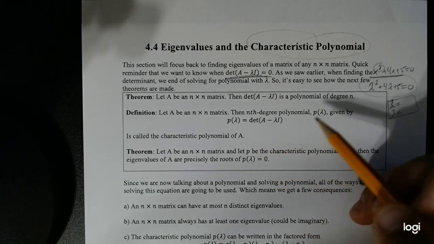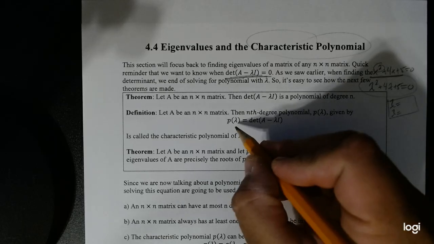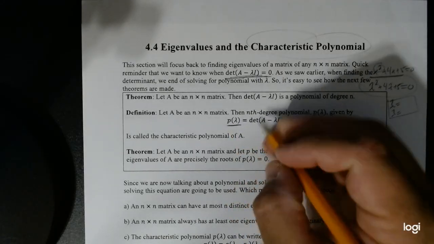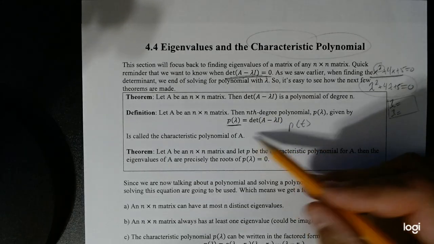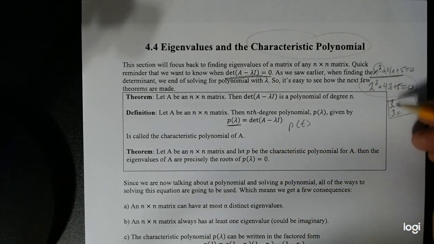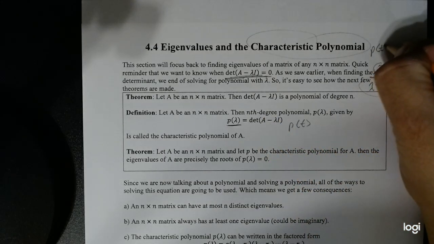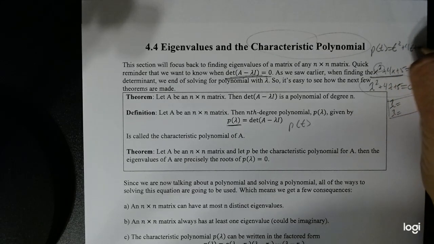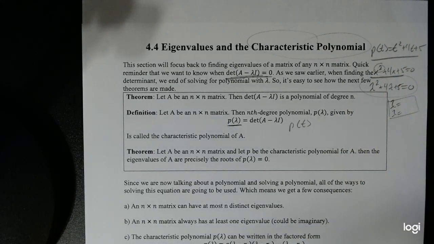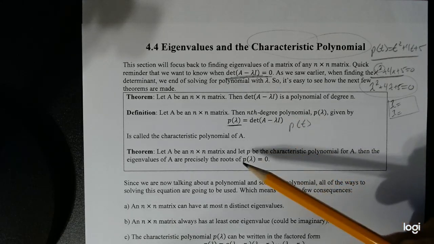And then the next definition just tells us the polynomial itself. So p of lambda, or sometimes some textbooks use p of t, is that determinant itself. So for example, with my example here, I just change this to t, and that's called the characteristic polynomial. And therefore, because we have this definition, we have a theorem.